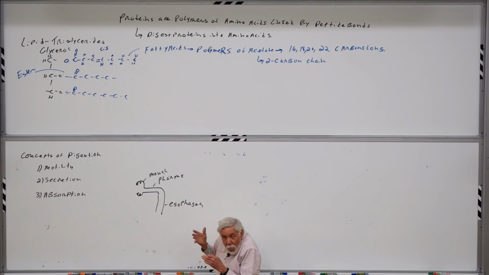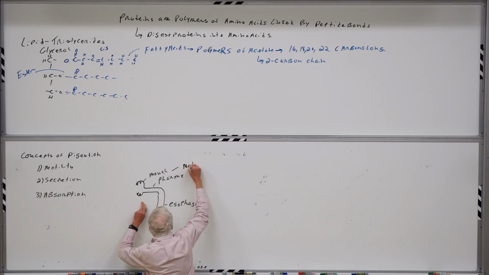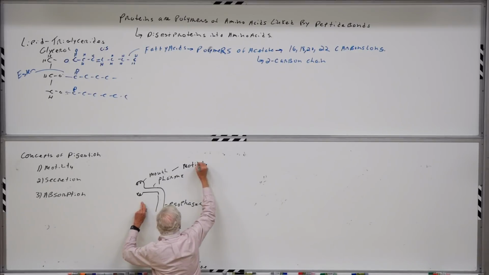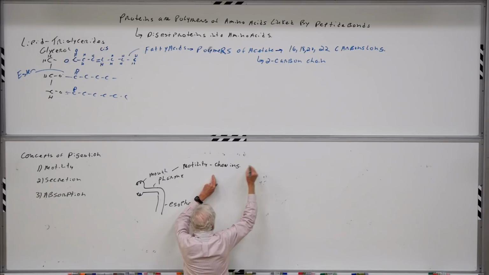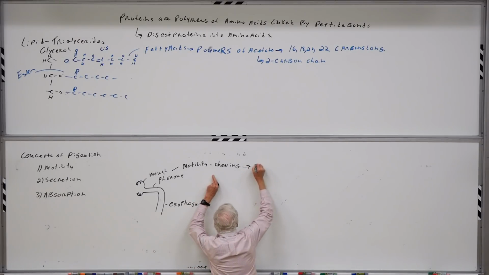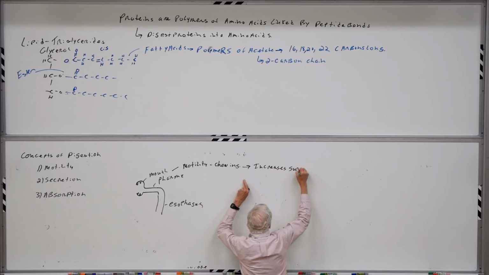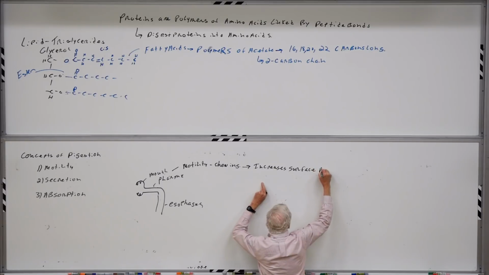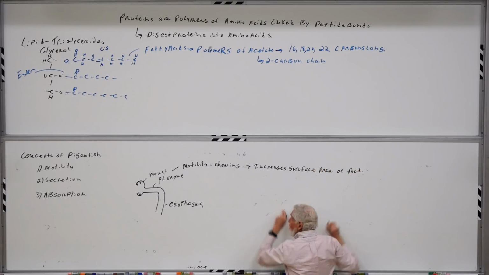But we know from everyday life that one of the first things we do with the mouth is motility. And that's chewing. And one of the things that chewing does is that it increases the surface area of the food. No surprise.